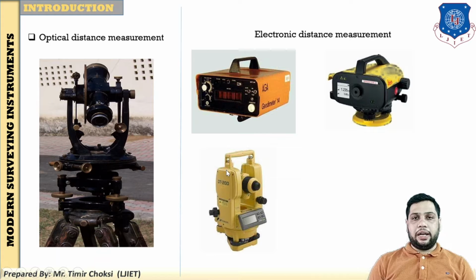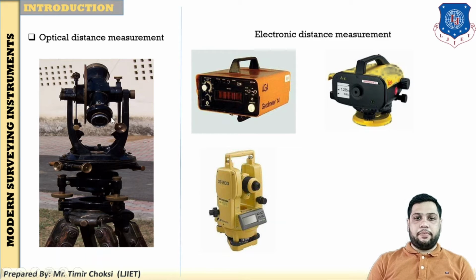Theodolites or tachometers are used for finding horizontal and vertical distance, and horizontal and vertical angle. Inside the instrument, some optics are used for finding these measurements, so it is called optical distance measurement. And third is electronic distance measurement. These instruments are based on the property of electromagnetic waves. I will explain in the next slide.